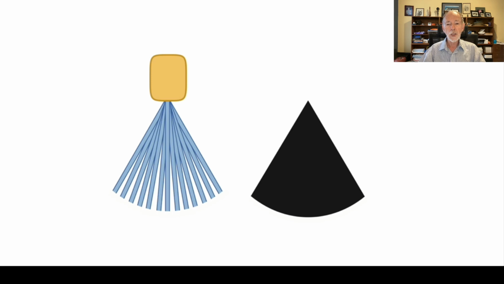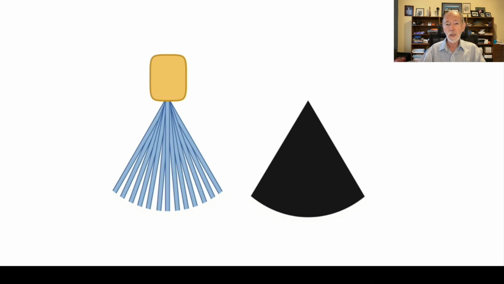So typically the machine will step the beam through angle steps of about 1 degree. So the beam will point in one direction, transmit and receive, and then increment by a degree, transmit and receive again. And we'll do this maybe 90 or 100 times to produce an image that's roughly 90 degrees in angle.